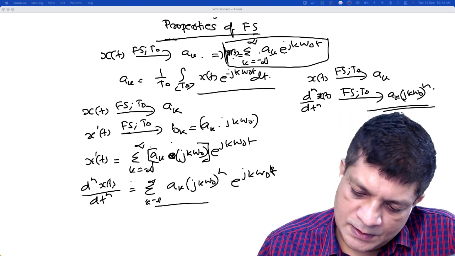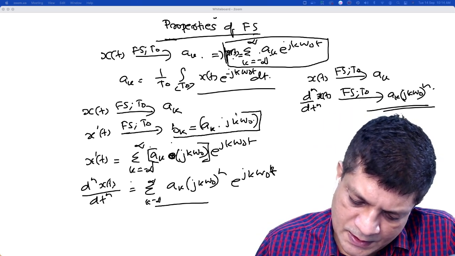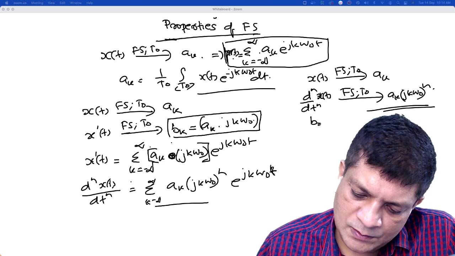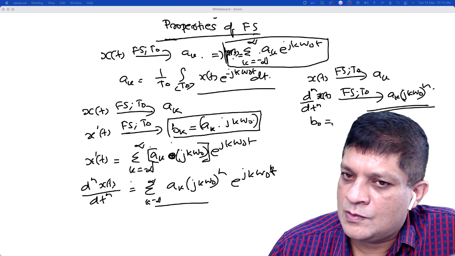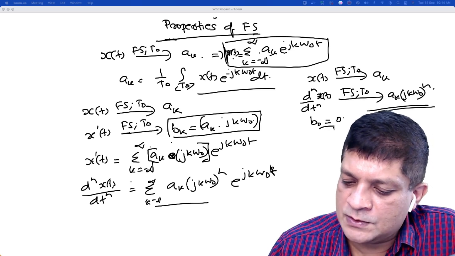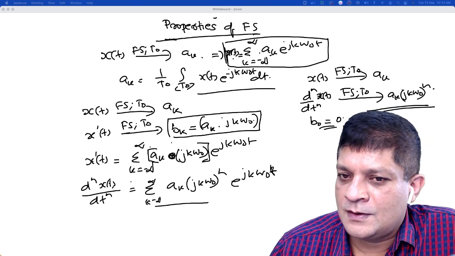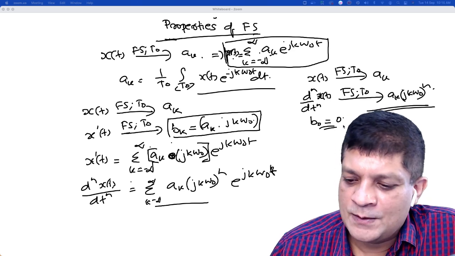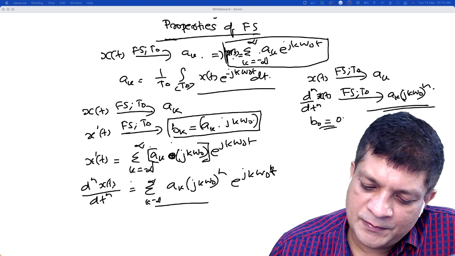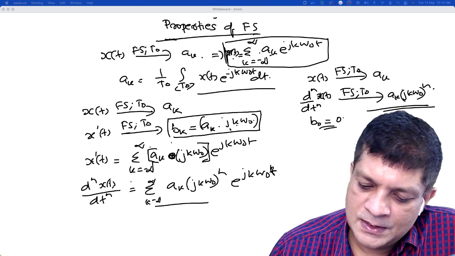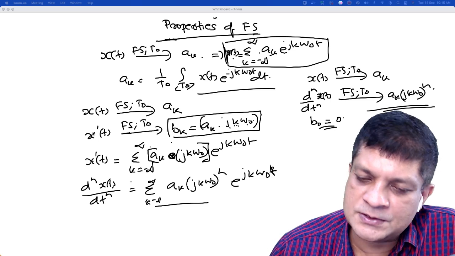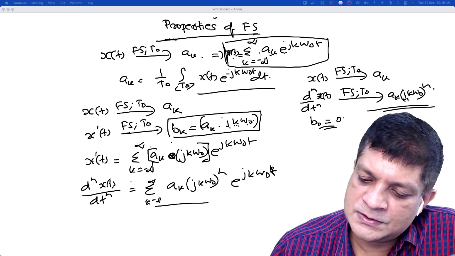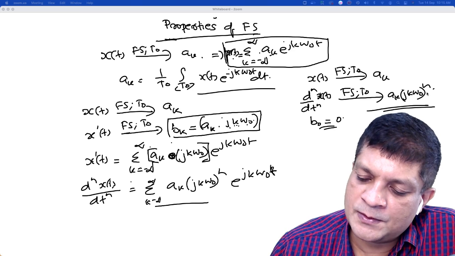Now, I'm writing it as bk. What will be b0? B0 is always 0, isn't it? Yes, because whatever be the value of a_k, it is multiplied with j k omega naught if you are taking the first derivative, otherwise it is (j k omega naught) to the power n.